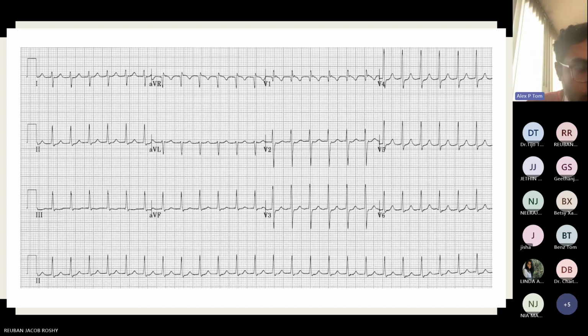Here you can see narrow QRS complex at a high heart rate that's going on. You can't definitely see P waves here, but in some leads, in V2 and V1, just after the QRS complex, you can see a pseudo R wave.